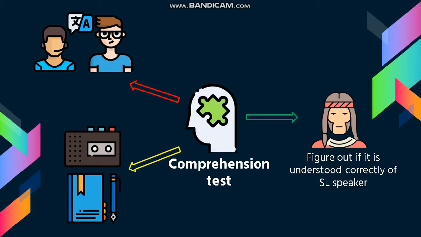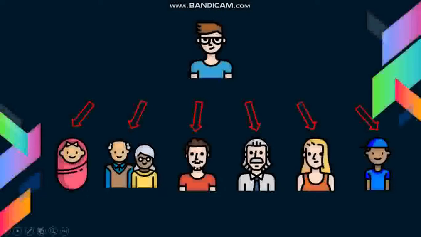The main goal of this type of method is to figure out if it is understood correctly by the native speaker. Because of its nature, the respondents should be a variety of people coming from different groups of society. It can be young people, middle-aged, and old people, or highly educated and newly literate people also.